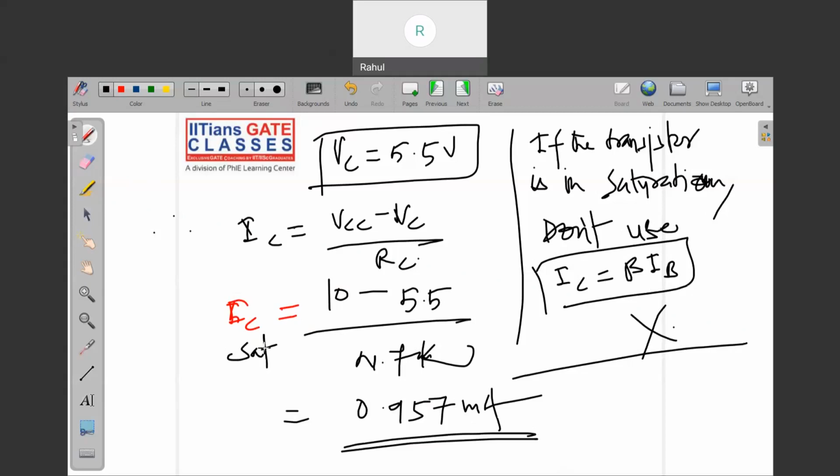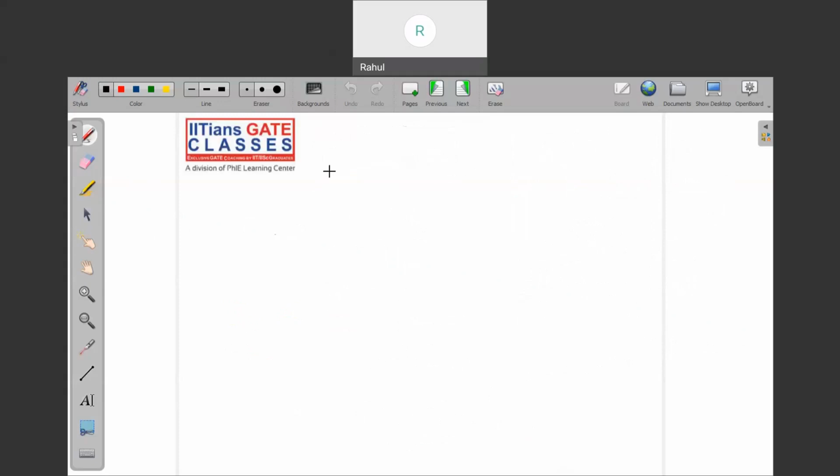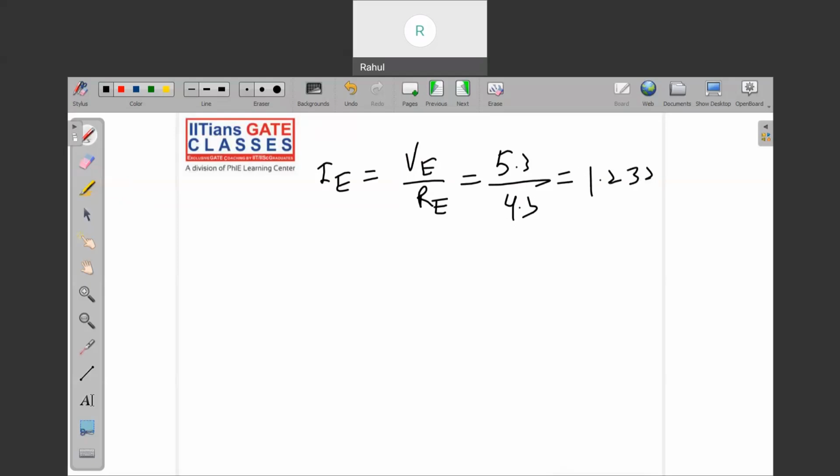And how can you find IB now? If you have got IE and IC. As we know, IE you can find out from VE by RE. So this will be the same only, that was 5.3 upon 4.3, that is 1.2325 milliampere.